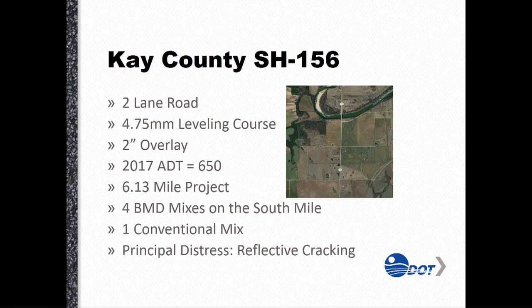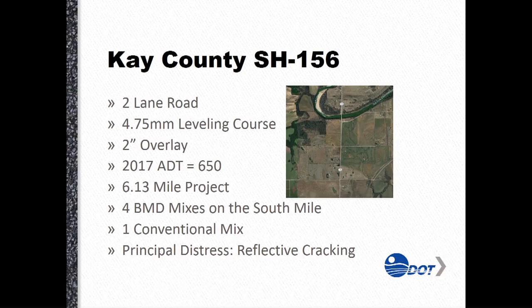Kay County, State Highway 156. It's a 2-lane road. We put down a leveling course and an overlay. This is our low ADT of 650, 6 miles long. Now this one's a little bit different. We did the conventional mix on the north half, or the north 5 miles, and on the south mile, we put down 4 different BMDs.